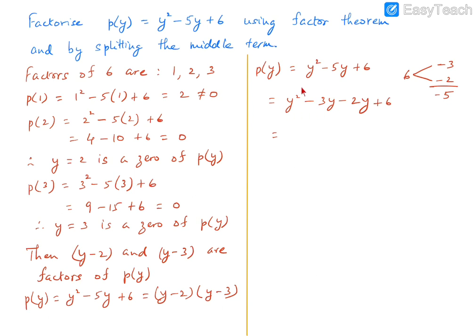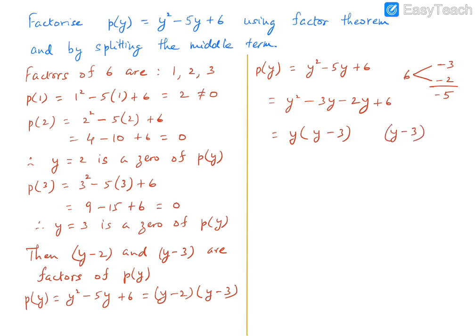For the first two terms, what is the common factor that we can take outside the bracket? We can take only y as a common factor, so it will be y into y minus 3 inside the bracket. Now y into y is y square, and y into minus 3 is minus 3y. We use this y minus 3 one more time here.